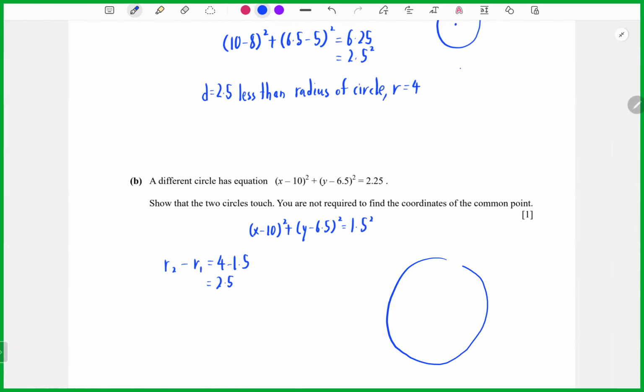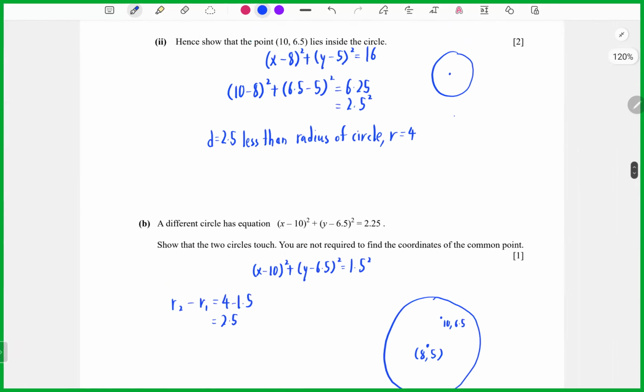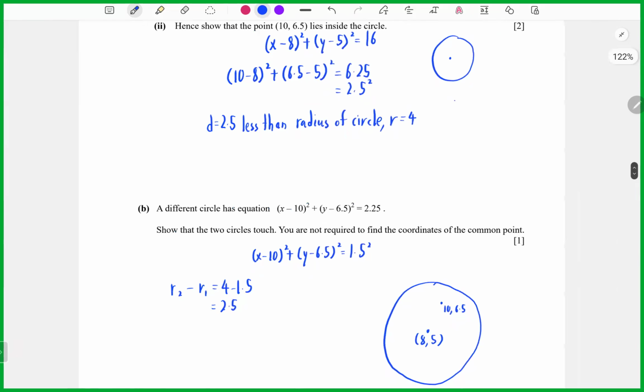There is (8, 5). Maybe your point will be here, (10, 6.5).